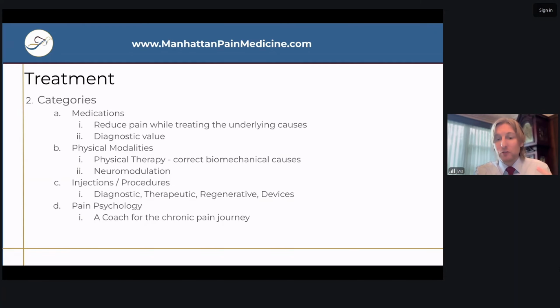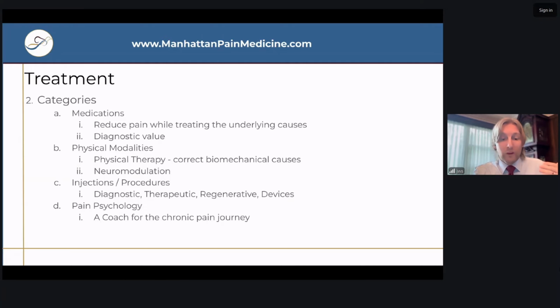Hyaluronic acid we'll use as a lubricant jelly or filler for a joint. There's neuromodulation, where we'll use spinal cord stimulators, peripheral nerve stimulators. There's nerve ablations, where we may use alcohol, we may use heat in radiofrequency ablation, or we may use cold in cryoablation to kill a nerve and take the pain away that way.